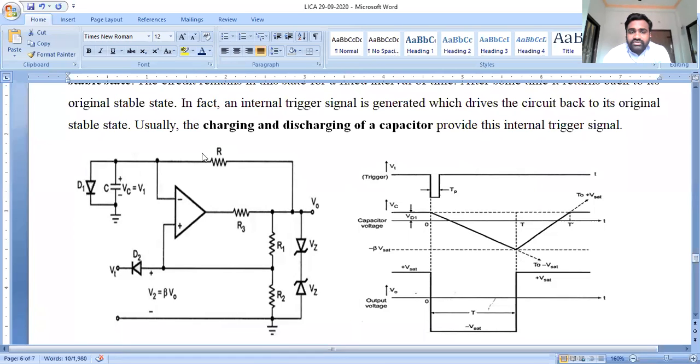Our negative feedback resistance is capital R, and this negative feedback resistor observes the output voltage and gives it as an input to the inverting terminal. The capacitor will charge and discharge, and the input voltage behavior depends upon this charging and discharging of the capacitor. This diode D1 is nothing but a clamping diode. This is the circuit configuration.